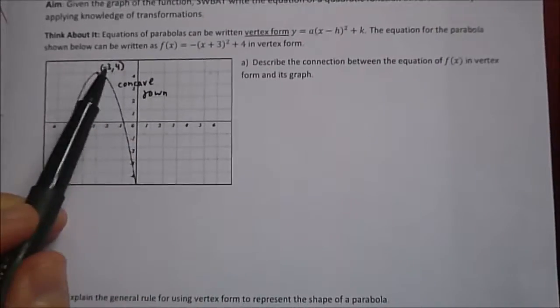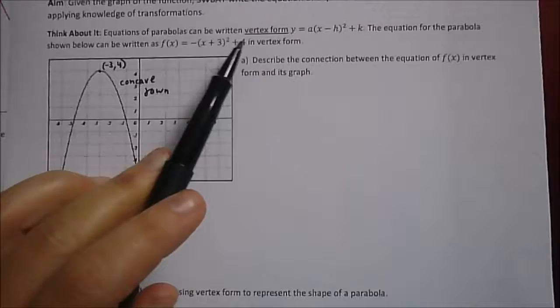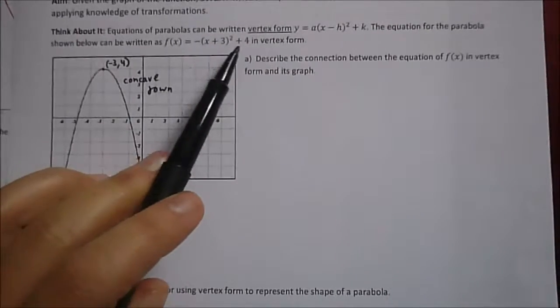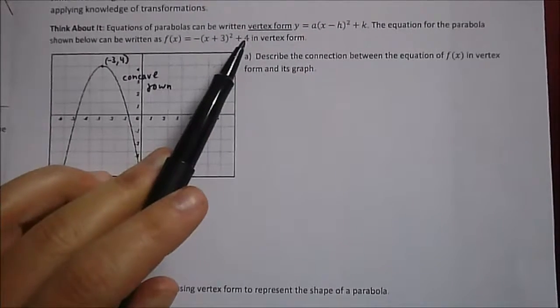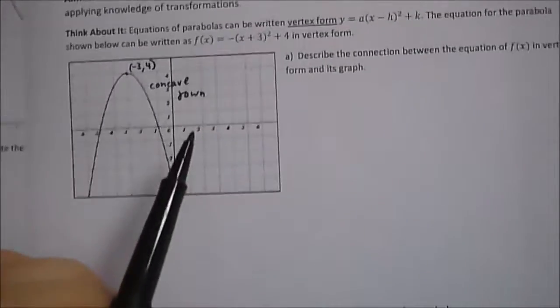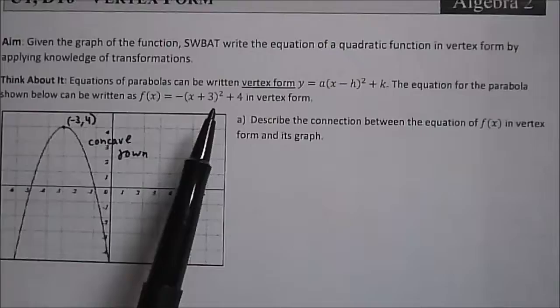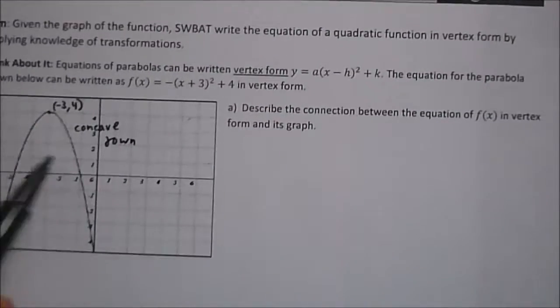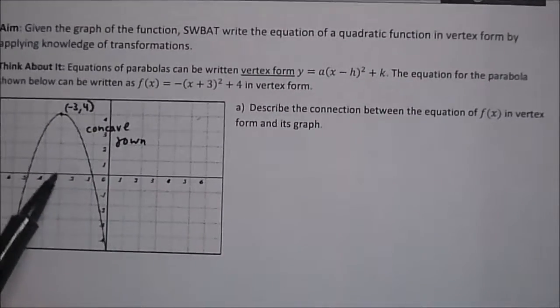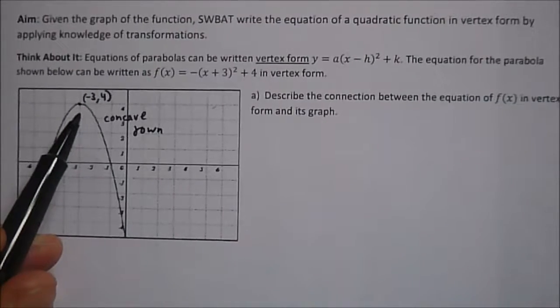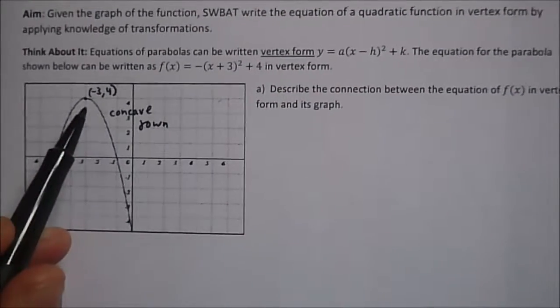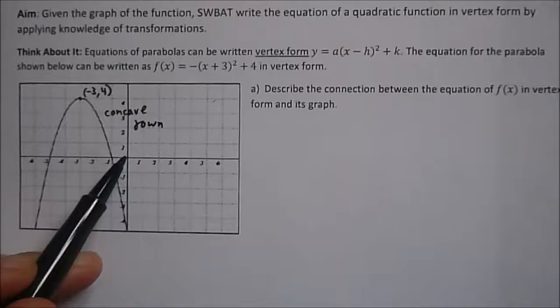Well, first of all, we can see that the numbers of the vertex show up in the vertex form equation for the letters h and k. So we can think about the vertex, (negative 3, 4), as being a translation of 3 units left and 4 units up from our original vertex at (0, 0).